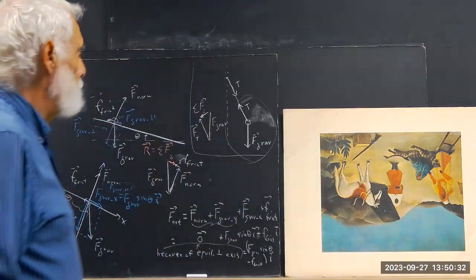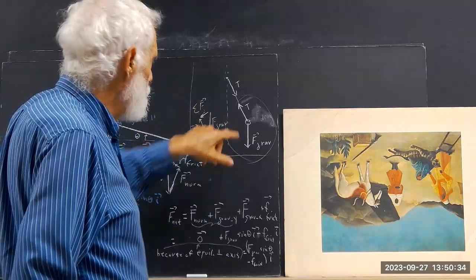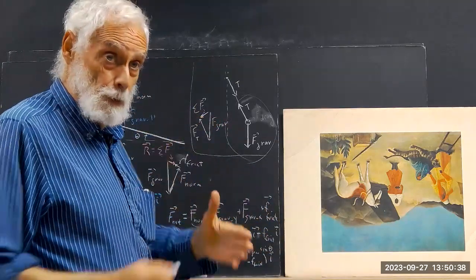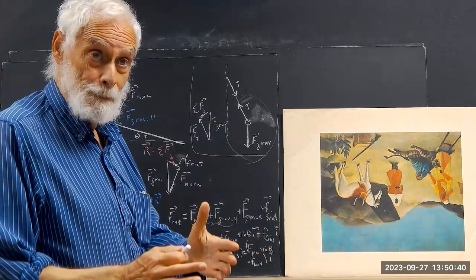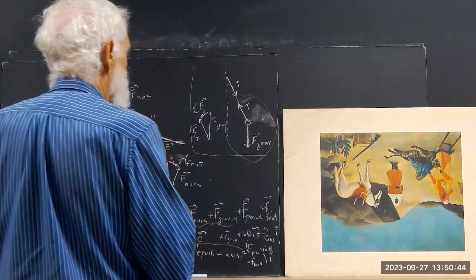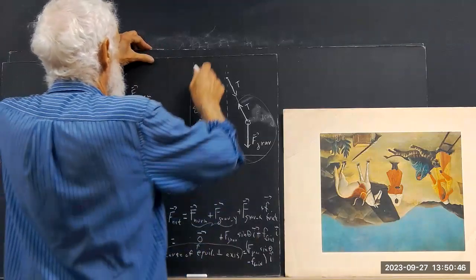Now, if this thing is very close to being at the equilibrium position, which would be for a small oscillation, then the picture looks like this.